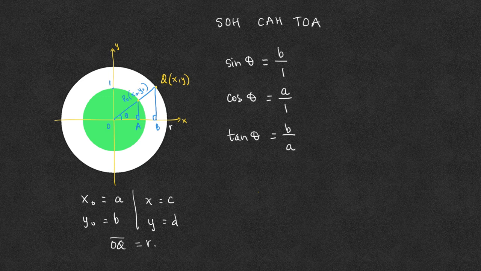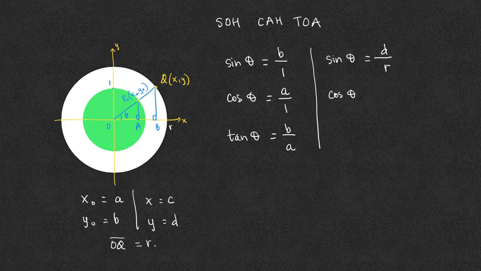If we were to use the larger triangle, then sine of theta is BQ, which is y, but y is d, over OQ, which is the hypotenuse of the larger right triangle, which is r.